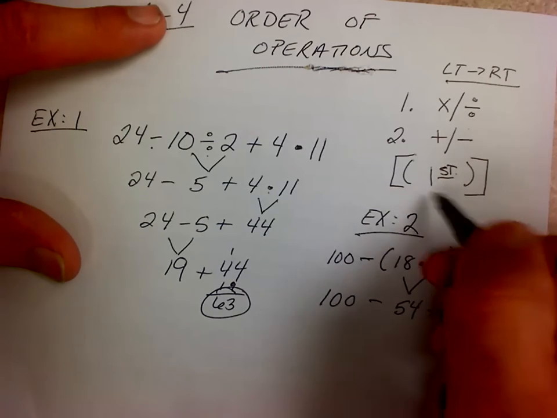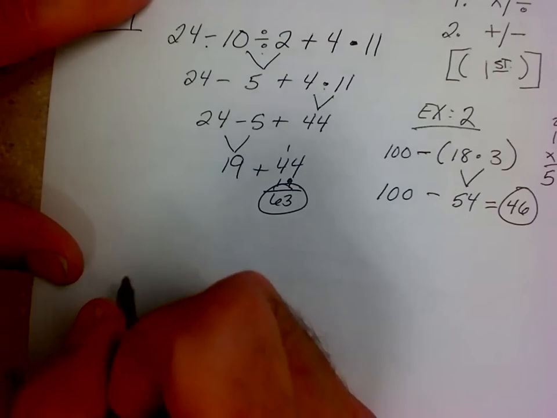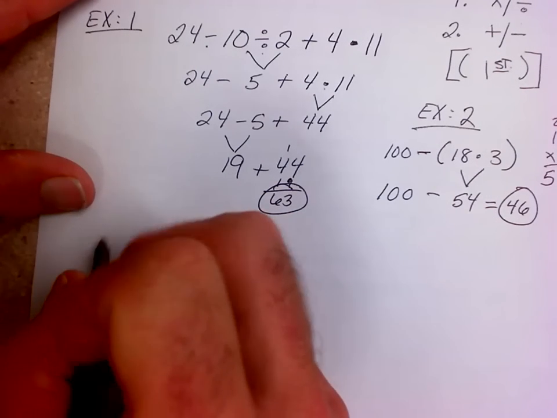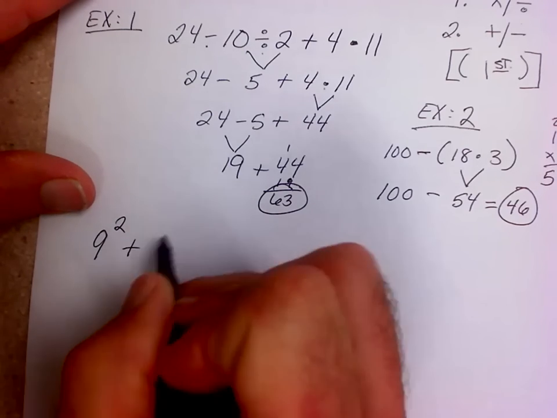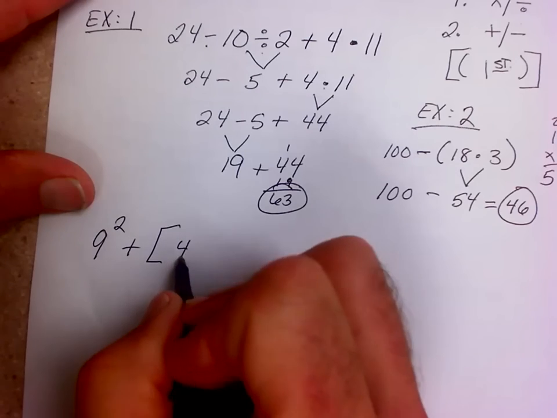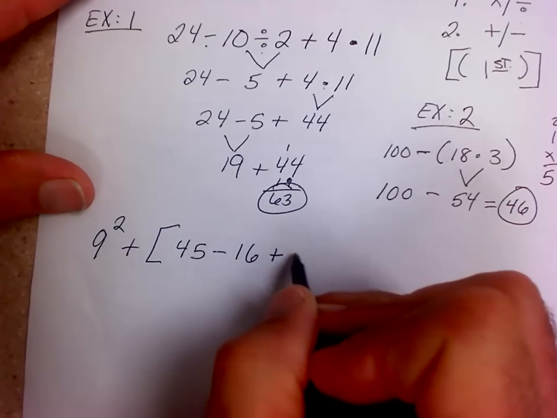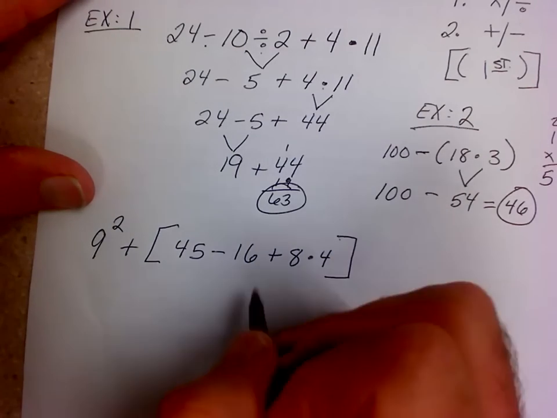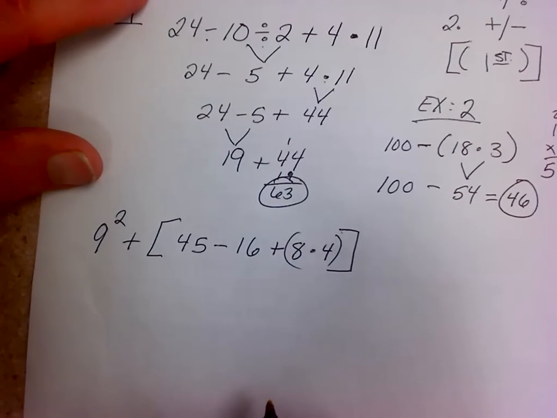So we deal with them the same way we would when we see parentheses. The catch here, though, is when we see our brackets, they're going to be clear full.